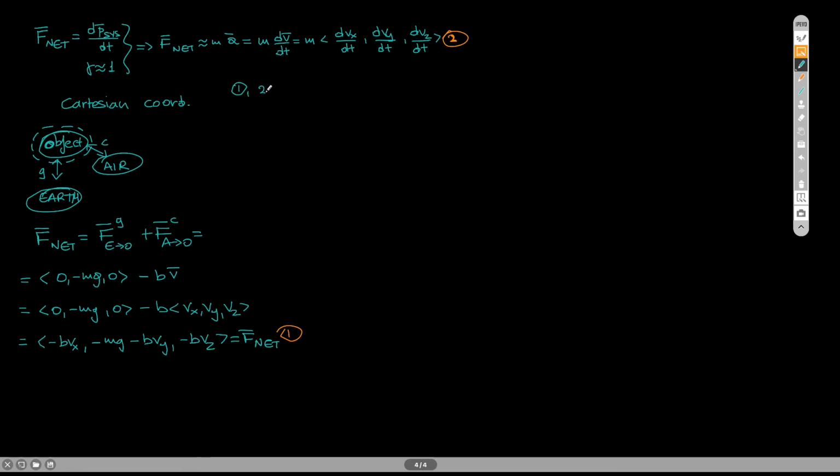So from 1 and 2, I get the following. The mass times dvx over dt, comma, the same thing, comma, dvz over dt is equal to what I found for the net force before: minus bvx, minus mg minus bvy, and minus bvz.